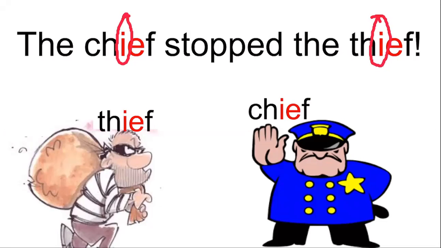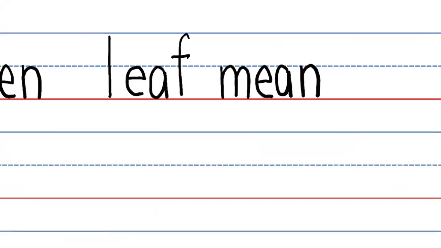But remember the letter I, because this one is tricky to have the IE spelled the E sound. The thief, see the I there? And the police chief with the I there. So you can say, I like that chief, right? So it's the IE that spells the E sound in these words.